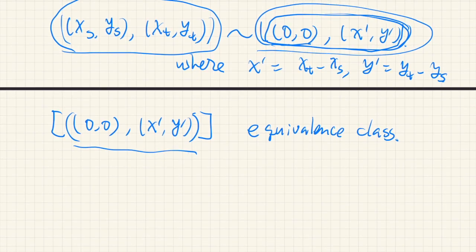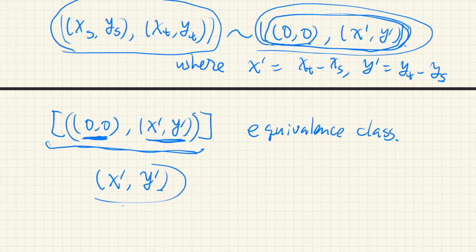Since the source is always the origin for this representative, we only need the coordinates of the target point. So instead of writing like this, we write just using the target point, like this, and call it a vector.